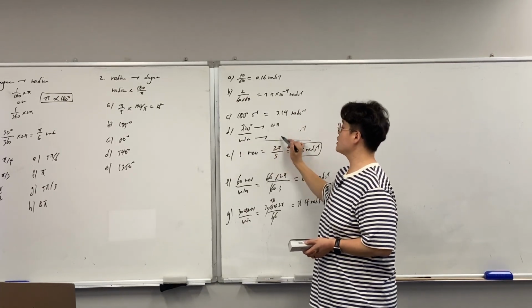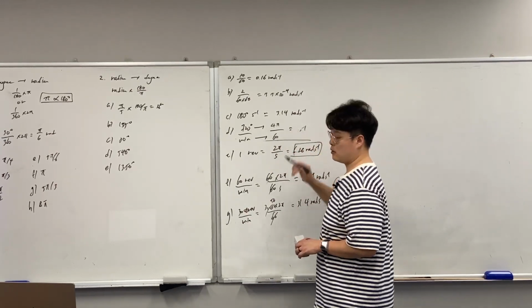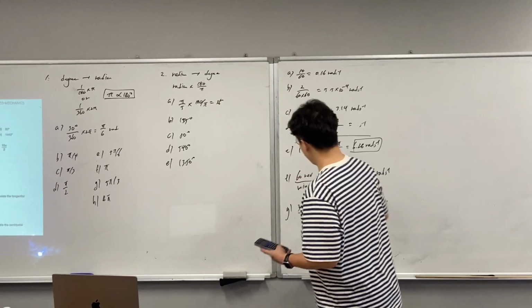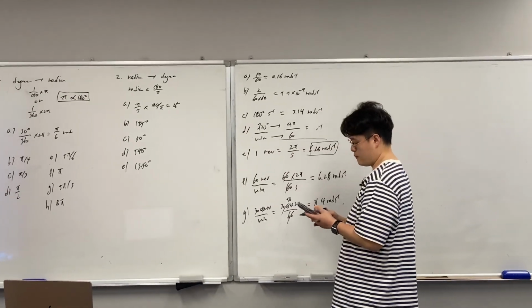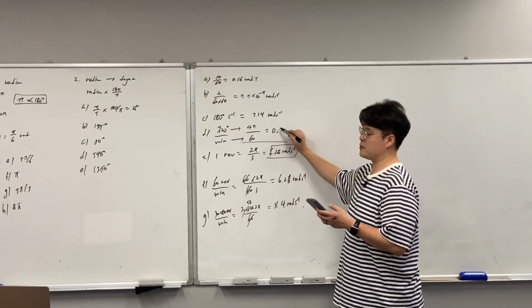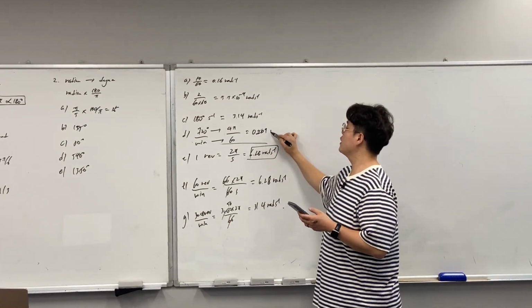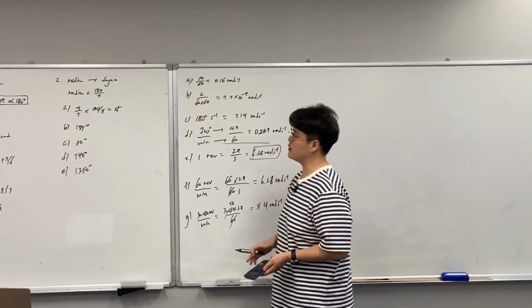Let's convert it into seconds, 60 seconds there. So 4 pi divided by 60, you get a different value, 0.294. So the answer must be wrong. Okay, 0.209 radians per second in that case. Good.